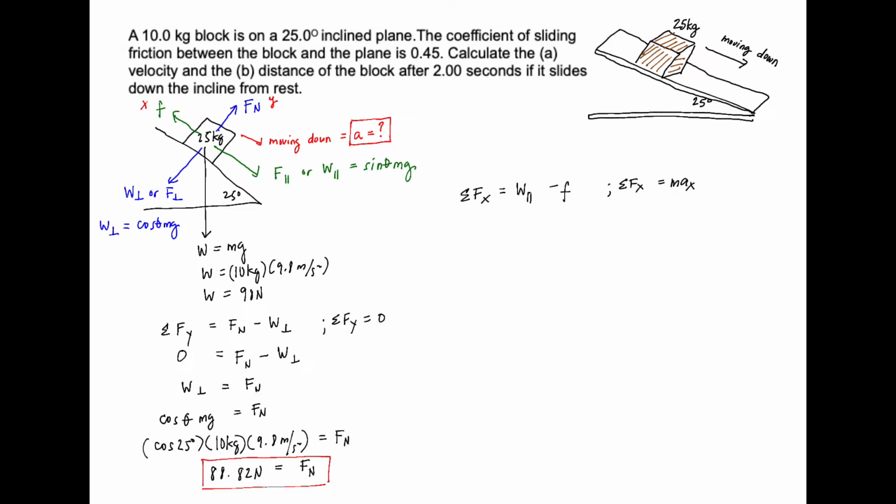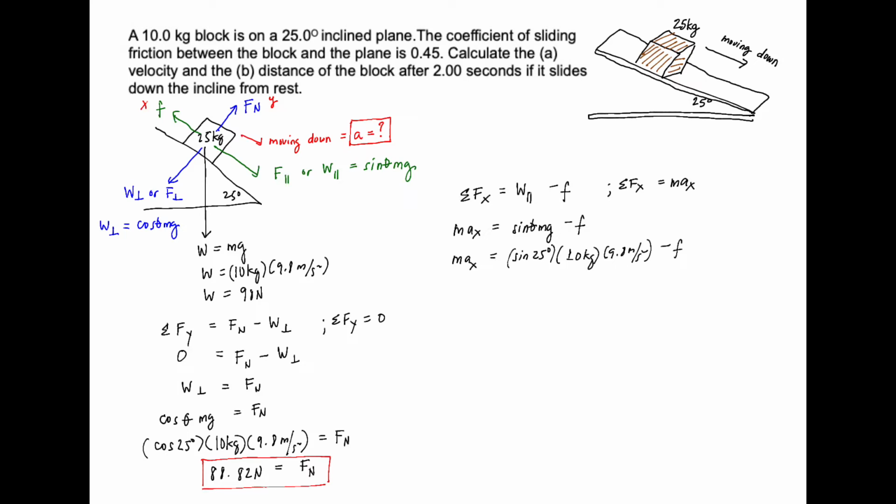So max is equal to the weight parallel, which is sine theta mg, minus the friction. max is equal to sine of 25 degrees multiplied by the mass, which is 10 kilograms, multiplied by 9.8 meters per second squared, minus the friction.